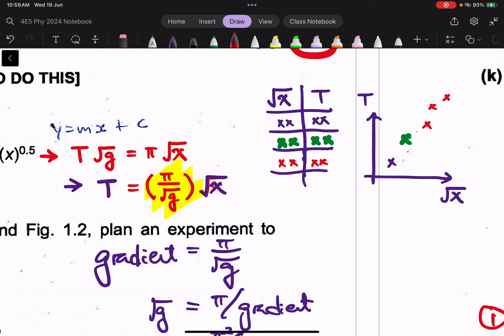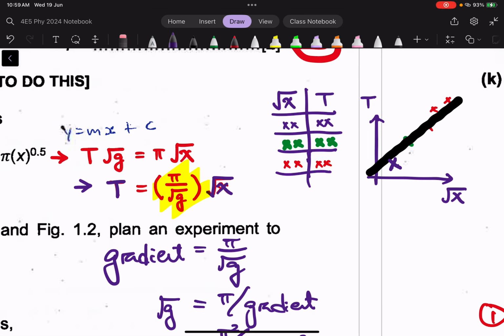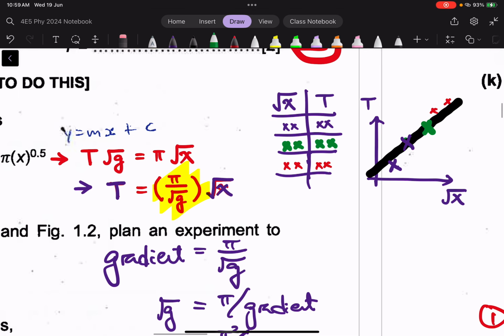And basically, you realize that these few points will give you a best fit line like that. So just looking at the preliminary, you will see that, because these few points are this cross, this cross, this cross, this cross, this cross, are data that you get from reality, right?